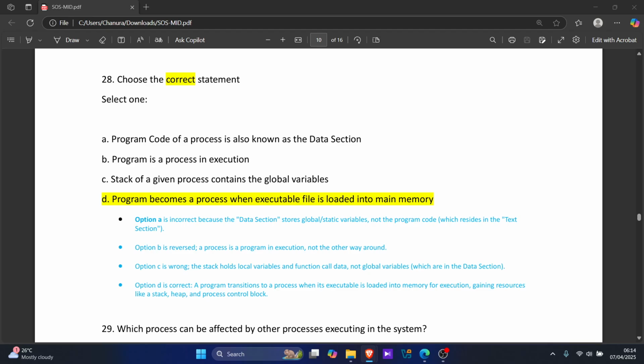The stack holds local variables and function call data, whereas global variables are in the data section. Option D is correct. A program transitions to a process when its executable is loaded into memory, acquiring resources like a stack, heap, and process control block. Answer: D.